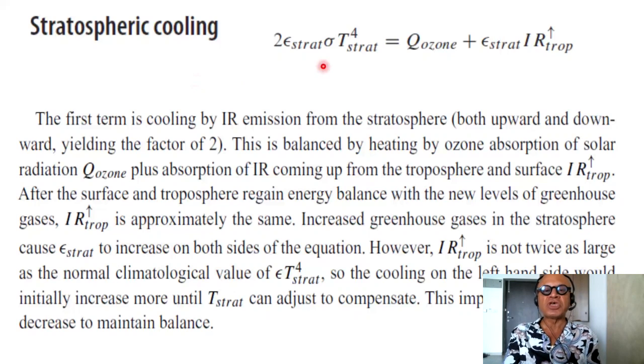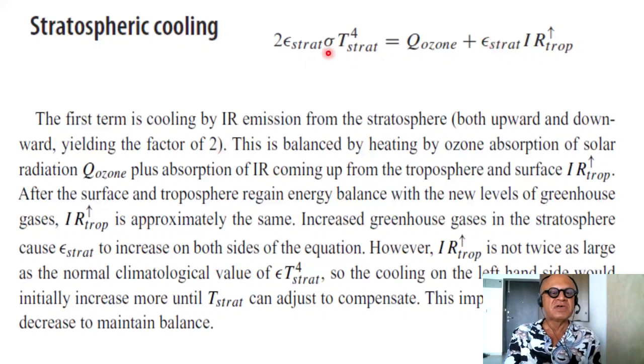Okay, so if you think about a simple model again, assume that the stratosphere has an emissivity of epsilon strat, and it has an energy balance sigma T to the fourth, so it's emitting down and up as we expect for long wave radiation, down towards the troposphere and up into space, and that has to equal the amount of energy it's capturing from ozone and what it is receiving from the tropopause, and how much of it keeps because of its emissivity.